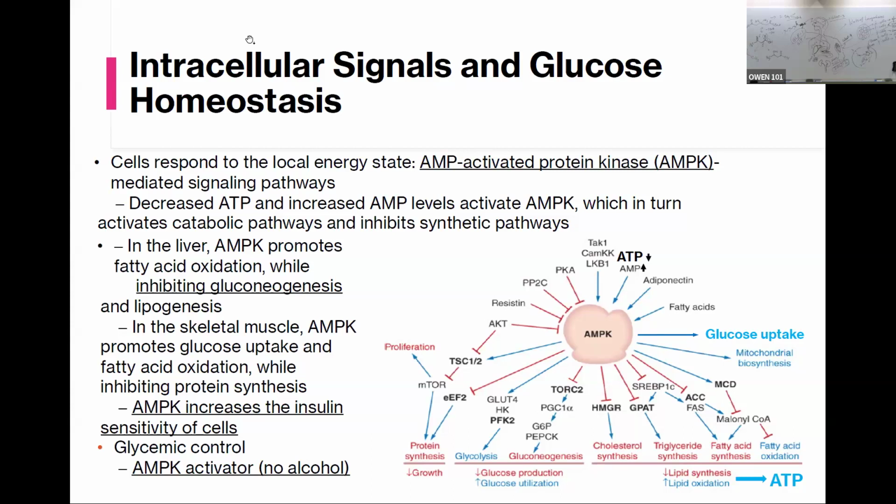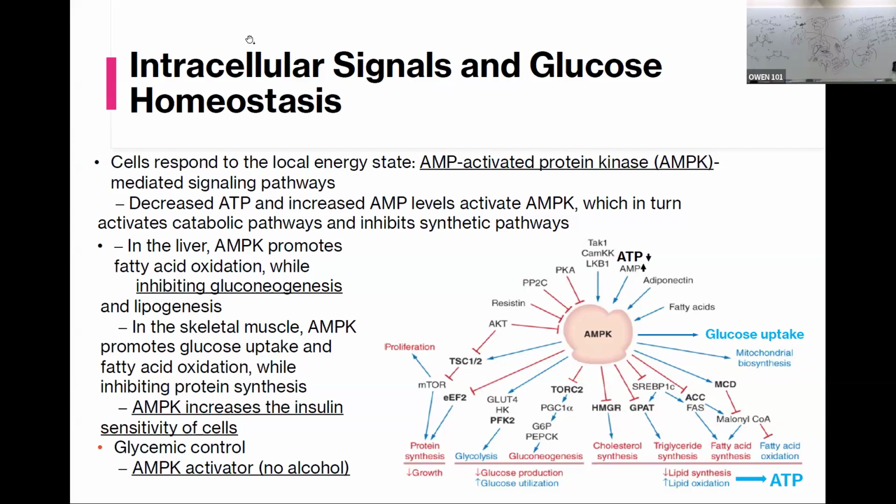As a result of that, one is increased glucose uptake, which is very natural. Because ATP is down, you need more energy, you need more sugar. This is the reason why we tend to suggest exercise to people who are diabetic. Because you want to burn this energy, burn ATP, so that it's down.